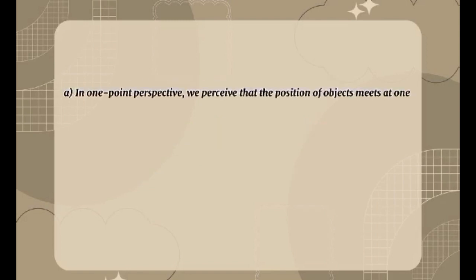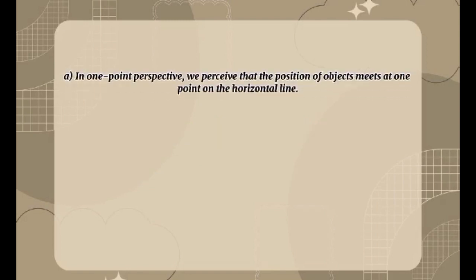So in one-point perspective, we perceive that the position of objects meets one point on the horizontal line, meaning one-point perspective is a drawing method that shows how things appear to get smaller as they get further away, converging towards a single vanishing point on the horizontal line or horizon line.